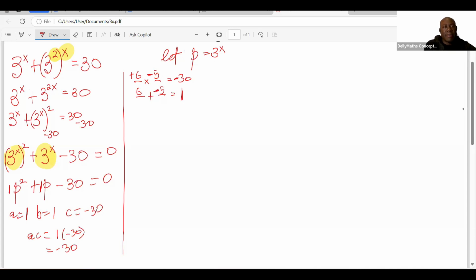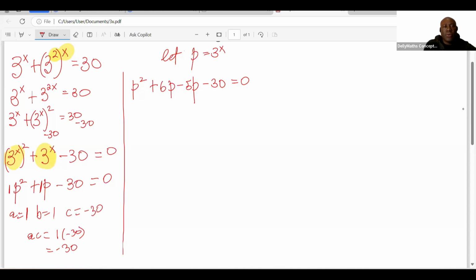So I'm going to be using 6 and negative 5, all right? So let us put that in. Now let us rewrite this. What I have here is p squared, now positive 6p minus 5p minus 30, and this is equal to 0.